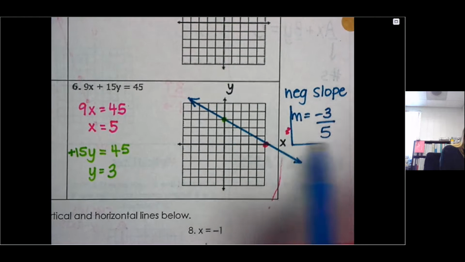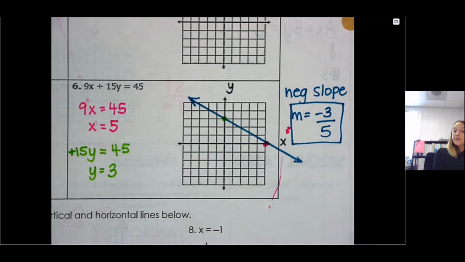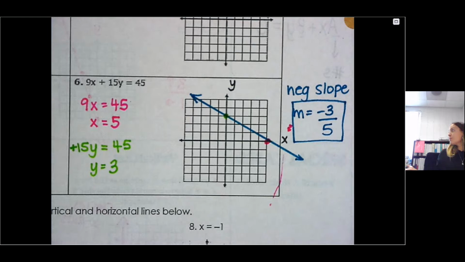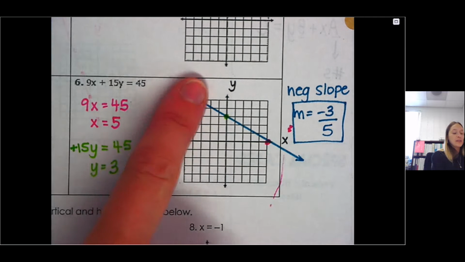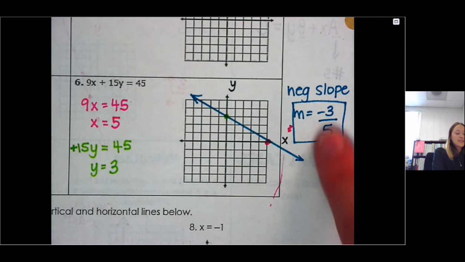Ta-da! So there's your little shortcut. That's easy, right? So you don't have to do as much math. I love it. It's faster. Yes. Nope, you're going to try the rest. I just think how you know it's a negative of the positive. Do you look for the y and see was it negative? So if it's a negative slope, so if it's going this way, going down, then that means it's negative.